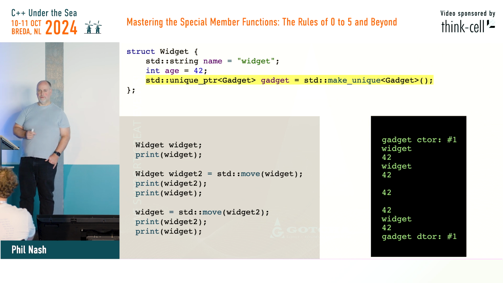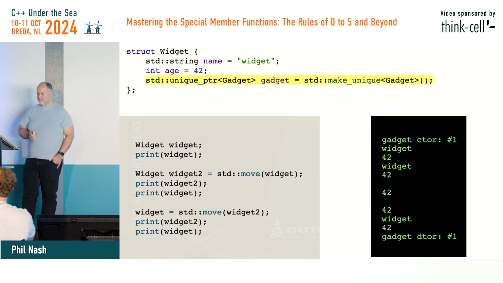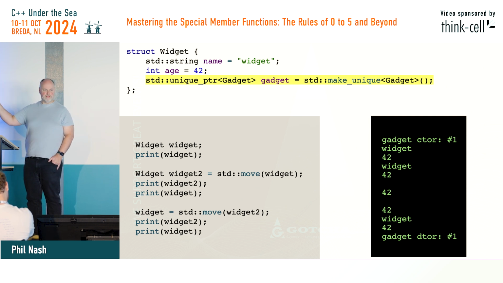If you do need the copy operations as well, unfortunately then you're going to have to fall back to writing them yourself. Even with the unique pointer, slightly less code, and some of the complexities go away, but you'll still have to mention all of the values, which is unfortunate. And we don't have anything in the standard right now that's like a unique pointer but does copies.